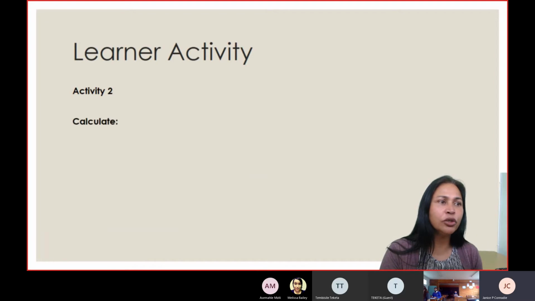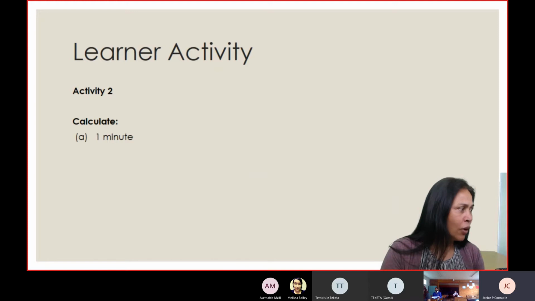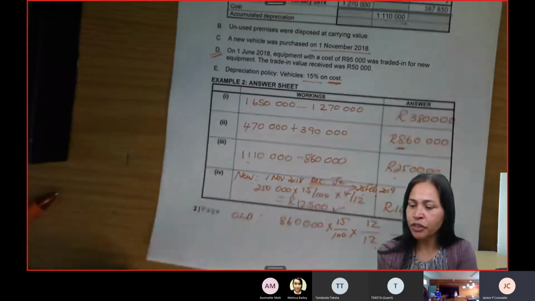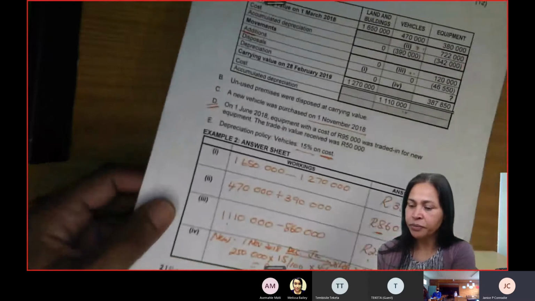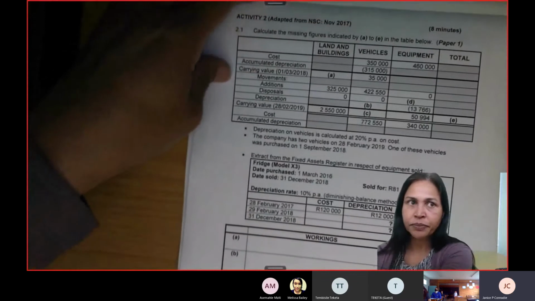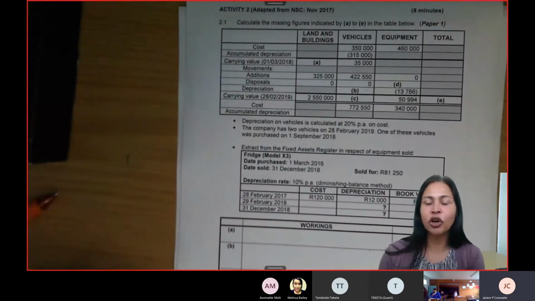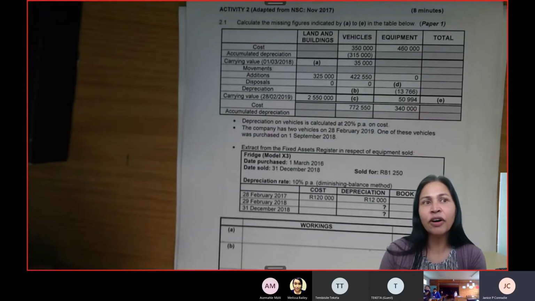So now for activity 2, I'm going to ask you to calculate A for 1 minute, but let me read through the activity with you so that you understand what is required. So if I look at my activity 2, now you have your example, you've completed the example with me. So you can use that as a guide of how to calculate the information.